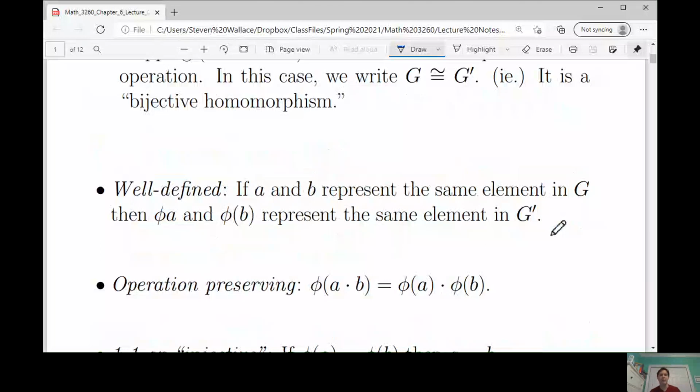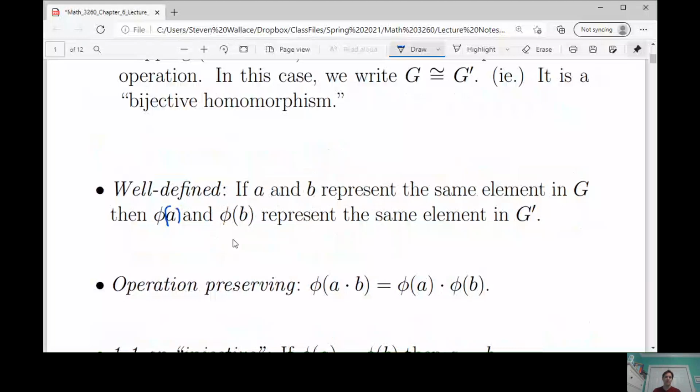First, you have to define a function, and it has to be well defined. So if, for example, A and B are representatives of the same element in a group, then their values, once you send them by the function to the other group, will represent the same element.